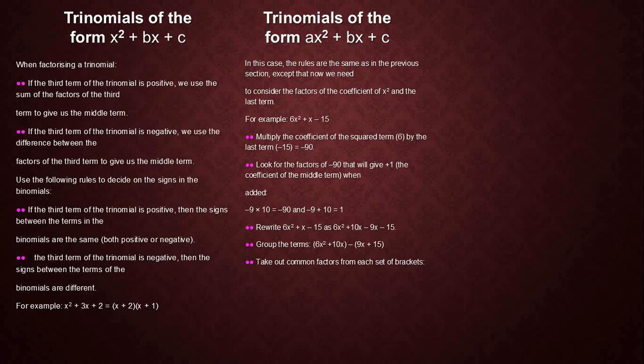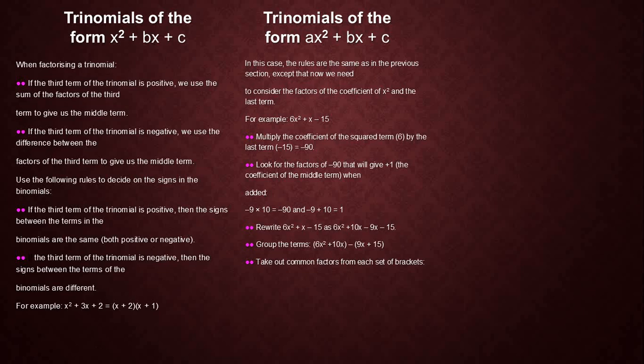In the second bracket, which is the 9x minus 15, look at the numbers. What do those numbers have in common? It's 9 and 15. Can 9 go into 15? No, it can't. What are the other factors of 9? 3.